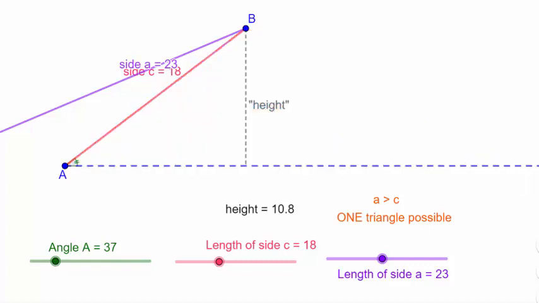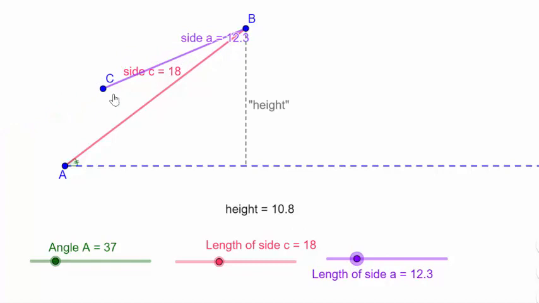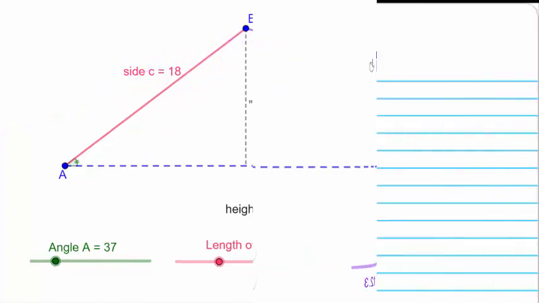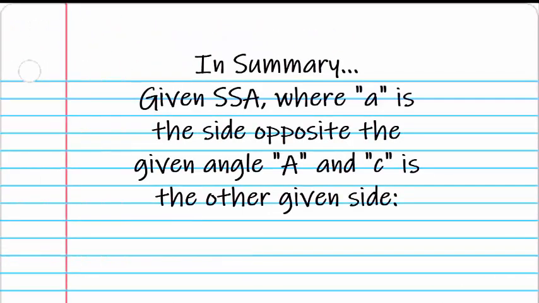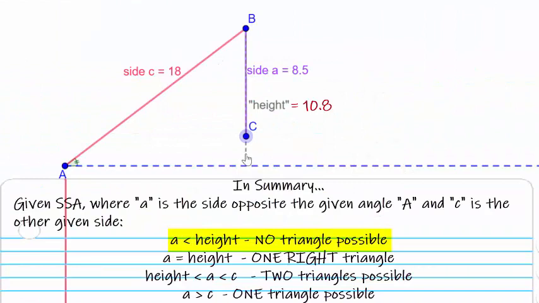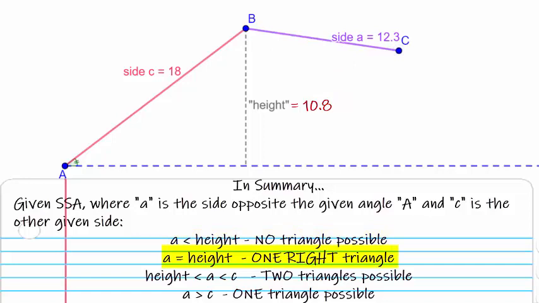So once again, let's summarize what the different possible scenarios are. In summary, given side-side-angle, where a is the side opposite the given angle A and c is the other given side, if little a is less than the height, then it's too short. No triangle's possible.